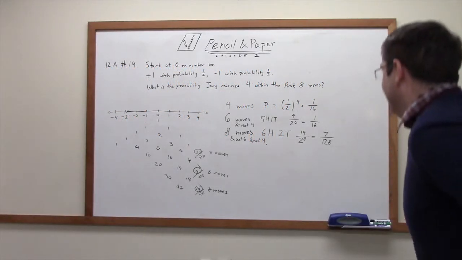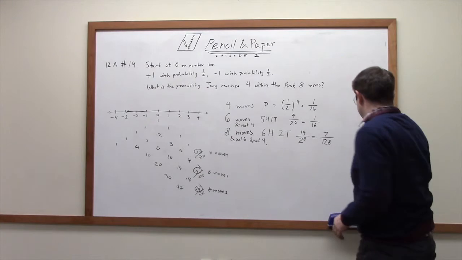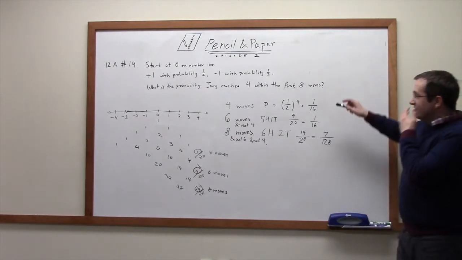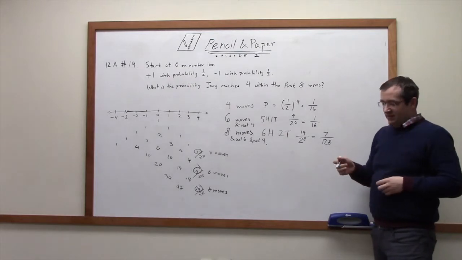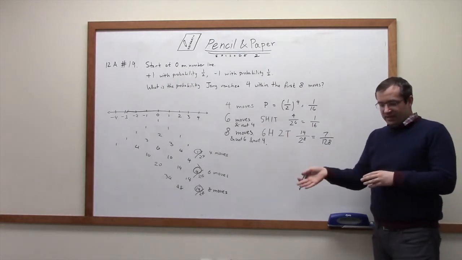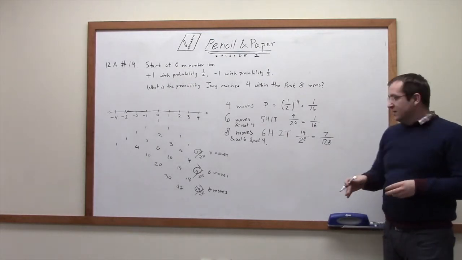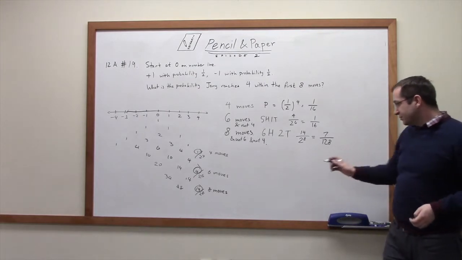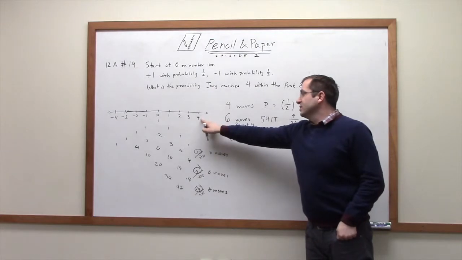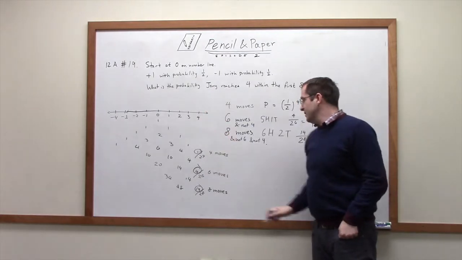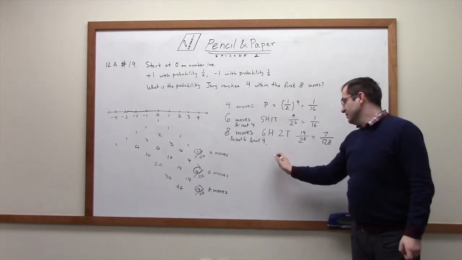What do you want to say? Yeah, I can say also the way I thought. You guys thought about how many moves I can get. I thought about how many ways I go to the right or to the left. So I have 8 moves. To reach 4 times to the right, what are my possibilities?